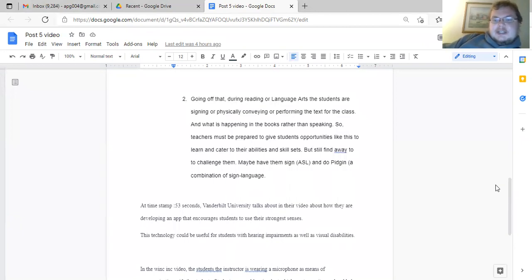Going off that, also in the NC video, they have students signing directly from a text. So instead of speaking, they just perform it and sign, conveying what's going on in the text through physical action.